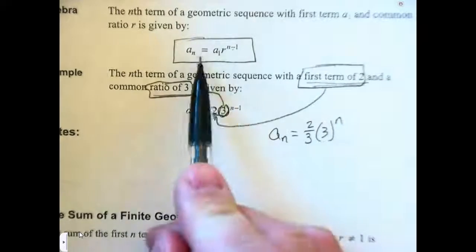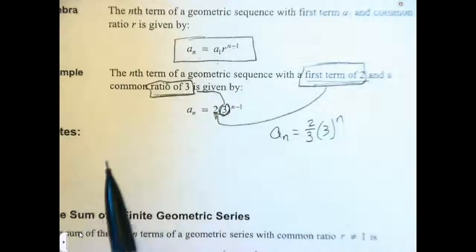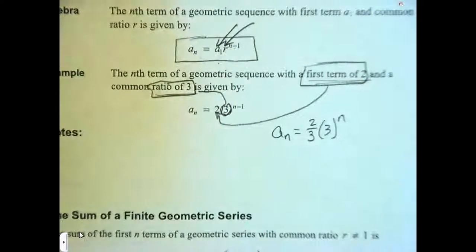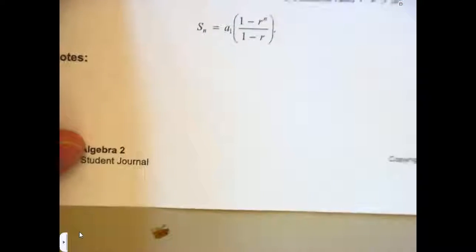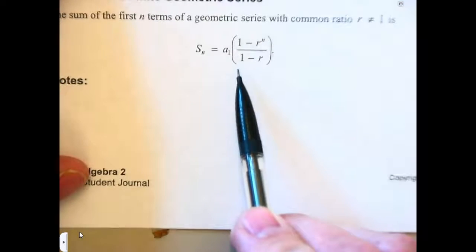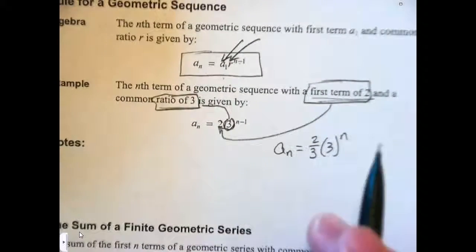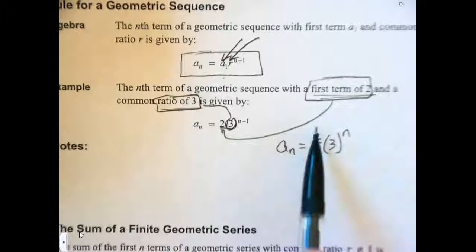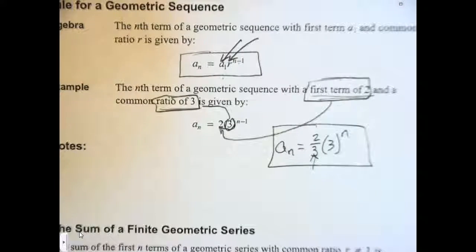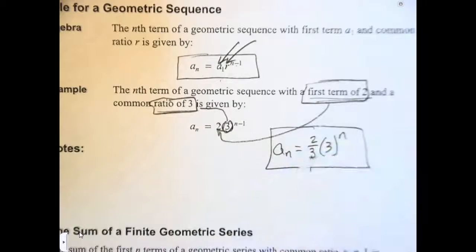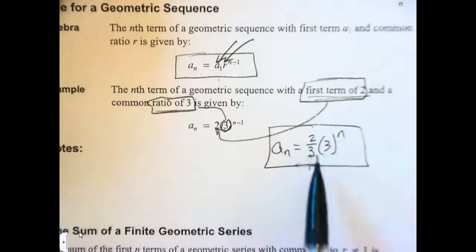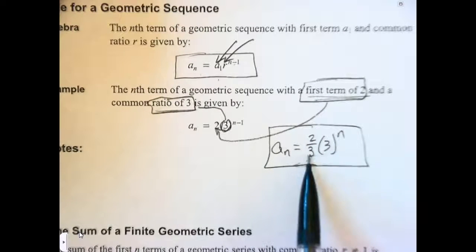It's just that the geometric sequence formula is this right here, where we can easily pick out a sub 1, and we can easily pick out our ratio, which we'll actually use in this formula right here. We use a sub 1 in this formula. So if you're here, really this is a sub 0. So those of you who have used this formula, and I know Em and I have talked about it, and I talked to a couple other students about it, some in this class, and mostly 1 or 2 in the other class that were doing it as well, really what you're finding here is a sub 0, okay, not a sub 1.